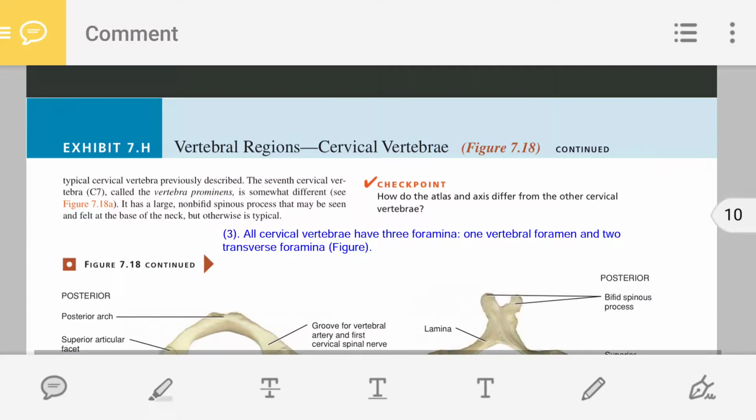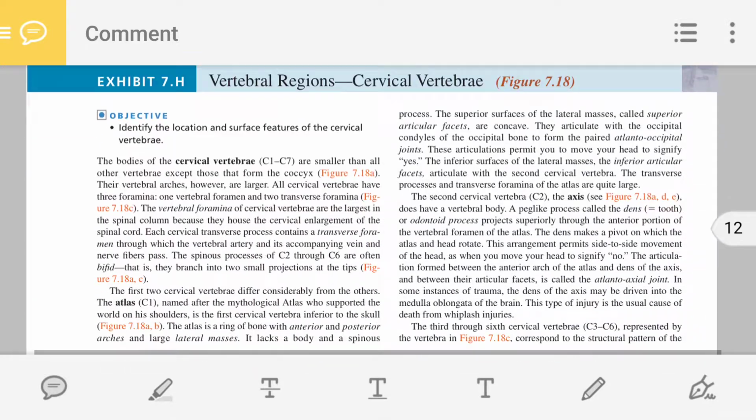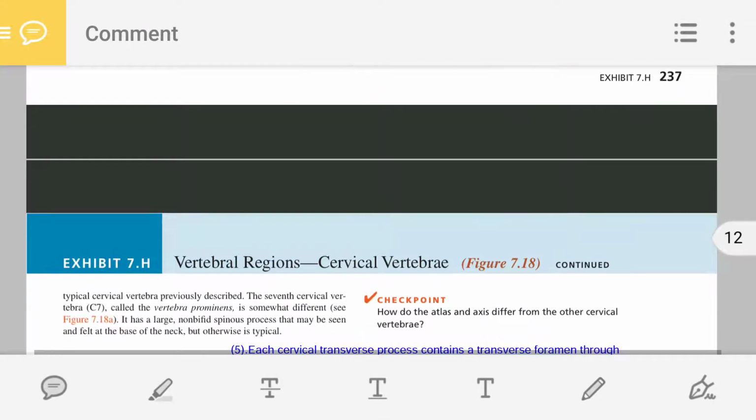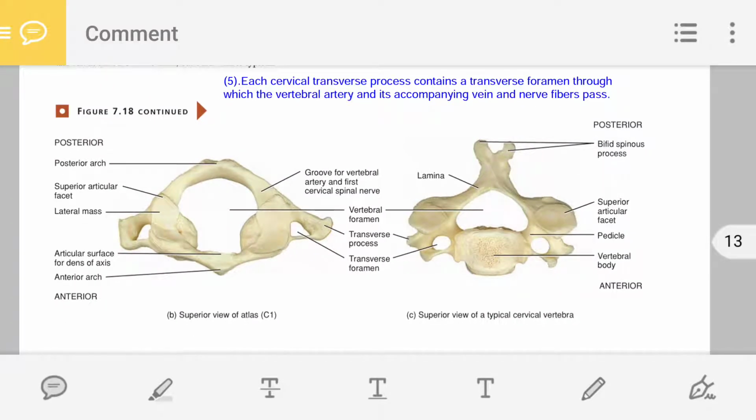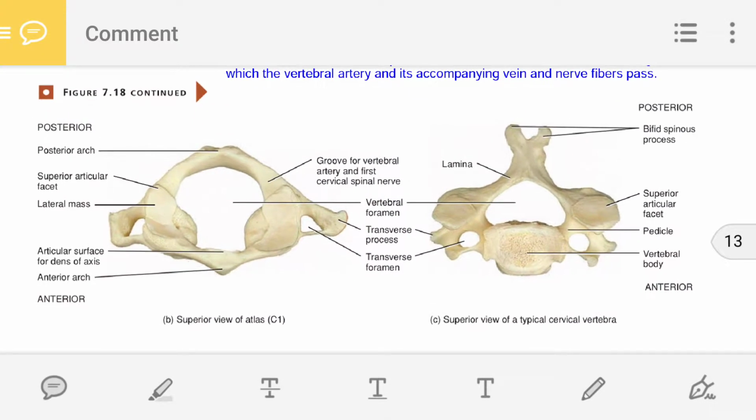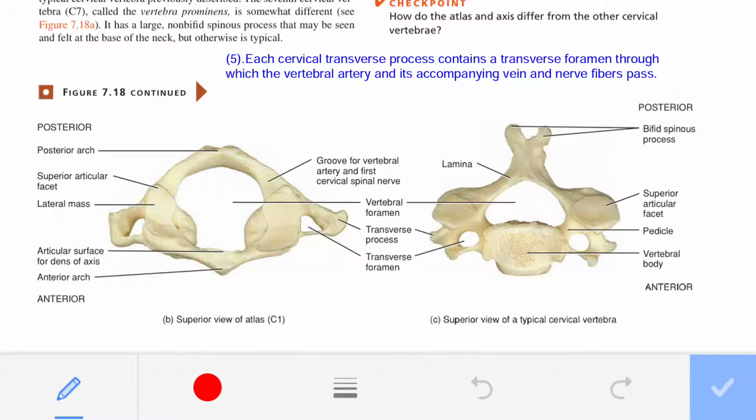Now I am moving on to the fifth point. Each cervical transverse process contains a transverse foramen.